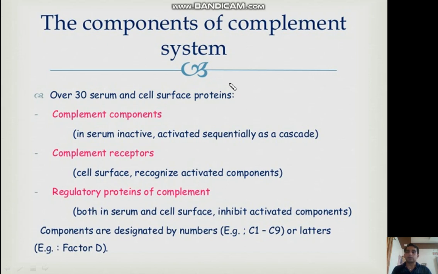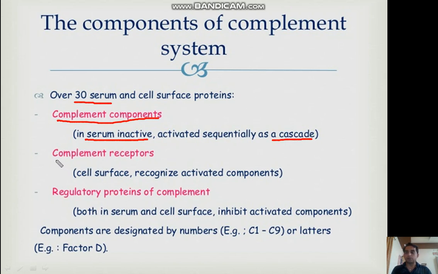Now, the complement system consists of about 30 different proteins. Complement components are generally present in the serum in an inactive form, and these inactive forms are activated sequentially by a cascade mechanism.